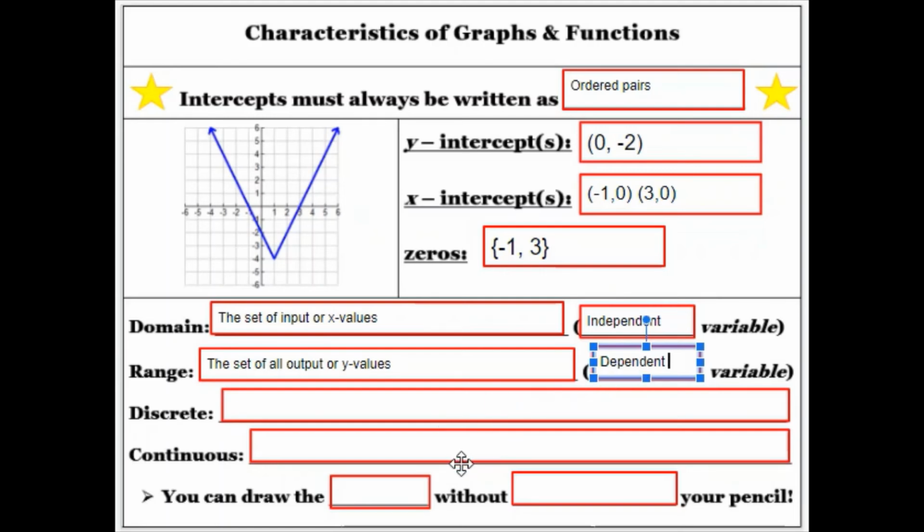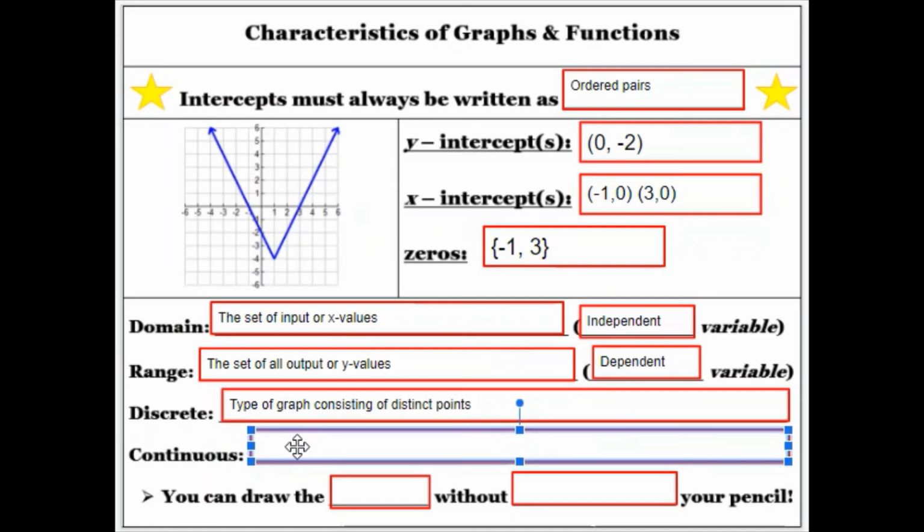There are two types of graphs, discrete and continuous. A discrete graph is a type of graph consisting of distinct points.